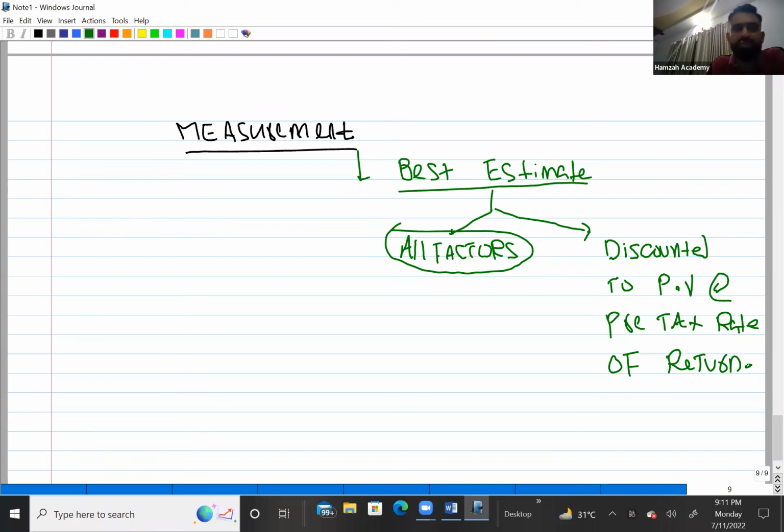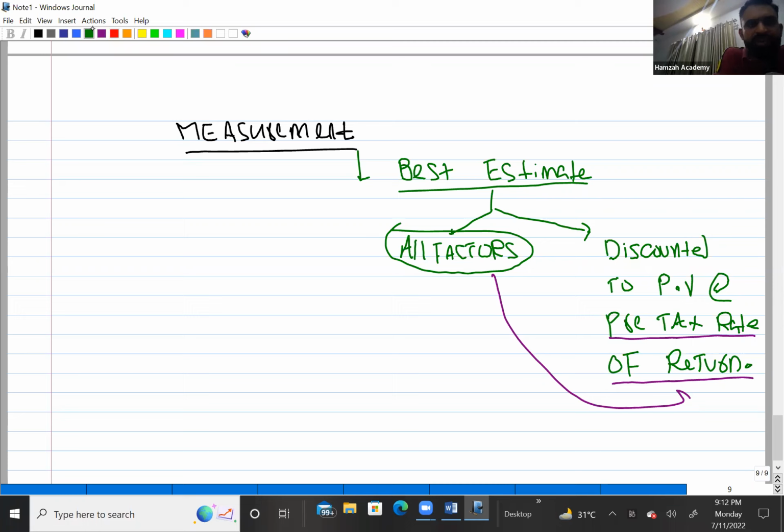Obviously, to discount a provision, we need a discount rate, the company's rate of return. That rate of return should be a pre-tax rate of return, and obviously that rate of return should also consider all the concerning factors.